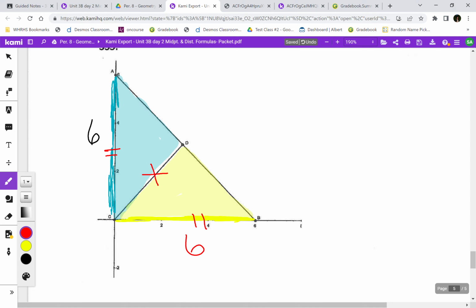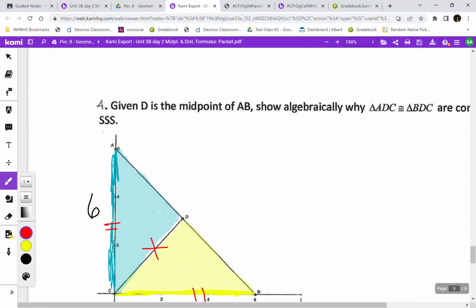Now, since everything's drawn to scale, since this is a graph, I'm allowed to count on vertical line segments. I'm allowed to count for horizontal segments, but can I count for slanted segments? You can't count for slanted segments. That doesn't work.